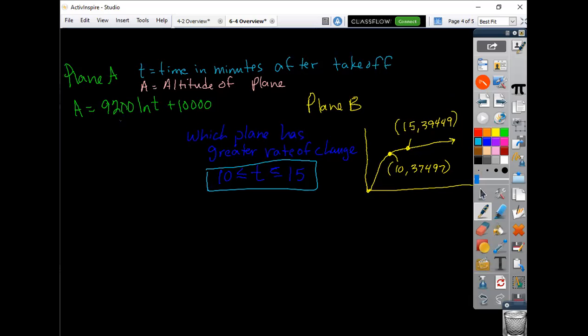So we need to find the altitude at these 2 points here. So put in the 10 and work that out. Put in the 15 for that time and work that out. Whoops, I don't want that 15 right here.